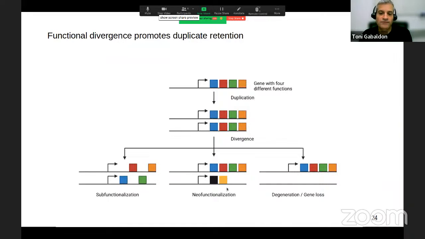And also, if one of the copies acquires a new function that is useful, then there will be also pressure to keep the 2 paralogous genes. So because subfunctionalization and neofunctionalization promote the retention of duplicates, then duplicates have an additional pressure to change the function as compared to genes that do not duplicate.